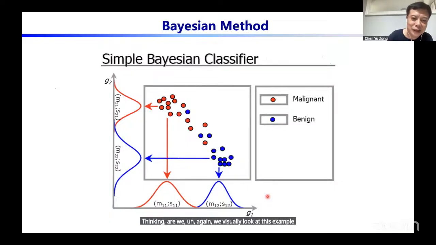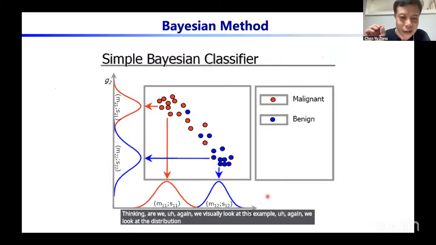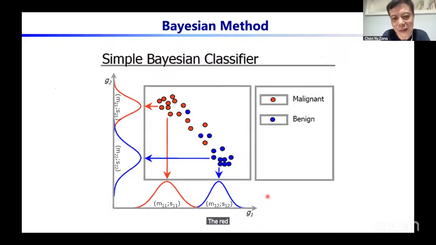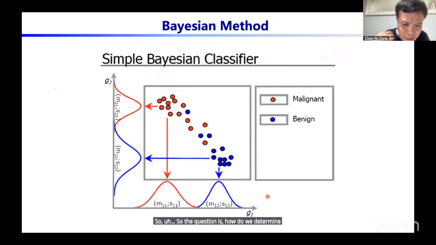Again, we look at the distribution of the red dots and the blue dots. So the question is, how do we determine the borderline between the red dots and the blue dots?